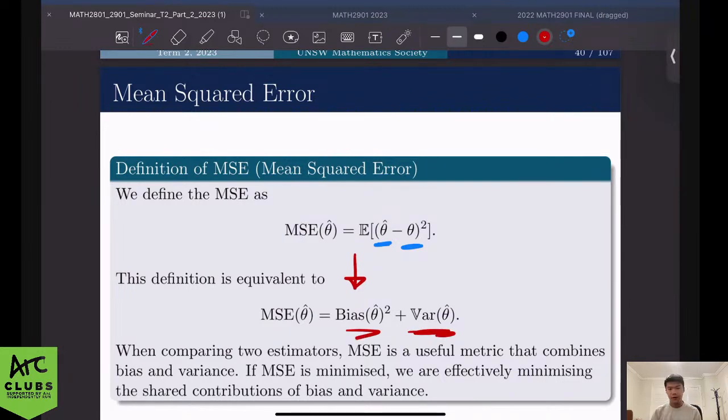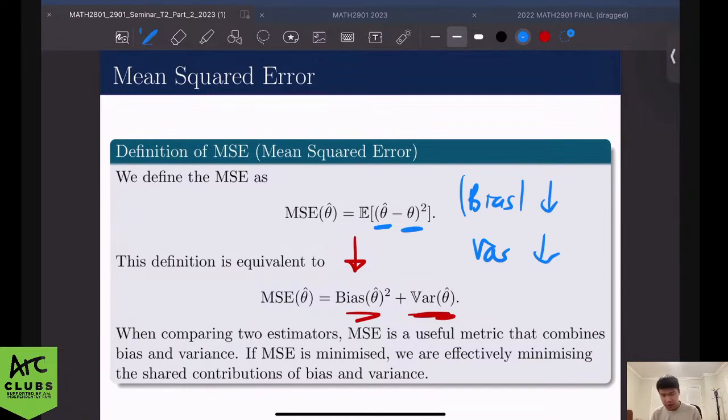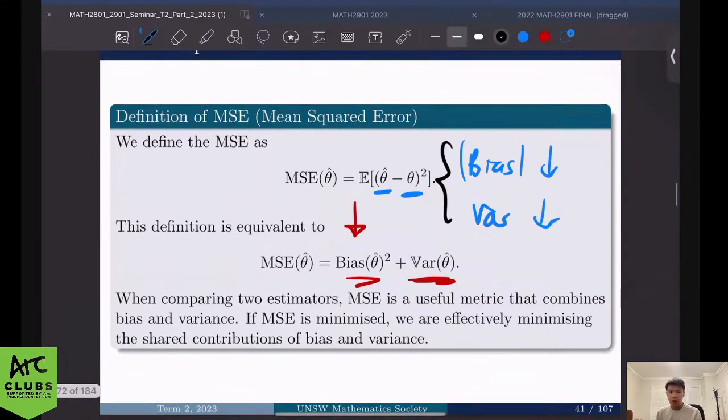We know we want bias to be low in magnitude, and we want variance to be low. And so MSE combines these two concepts. And if your MSE is low, that means that both of these things must be low. So sometimes when you're comparing two estimators, you can just calculate MSE and say, well, the one with the lower MSE is surely better. Okay. Sweet.